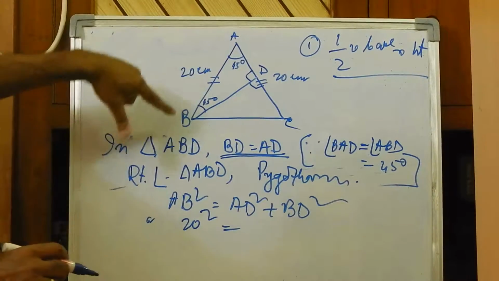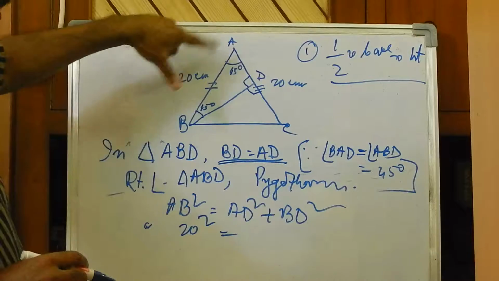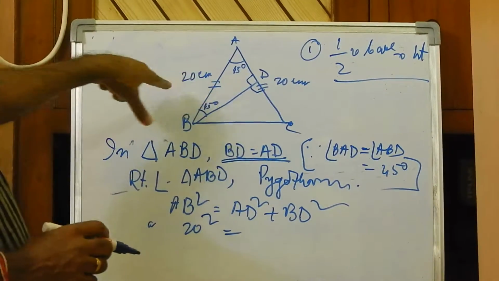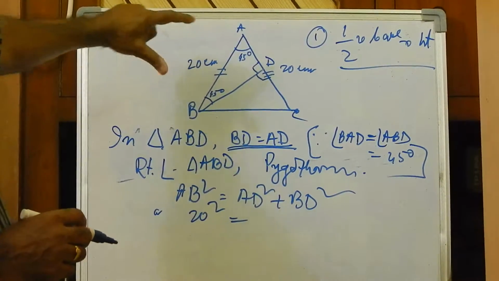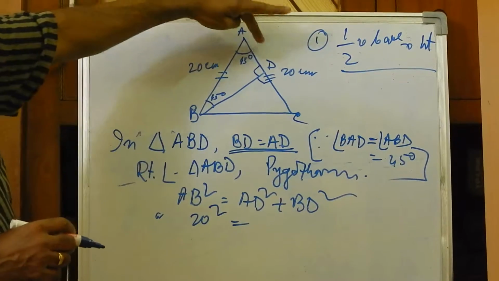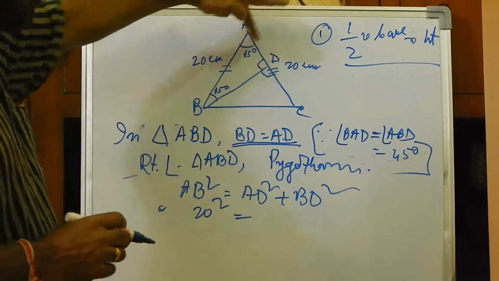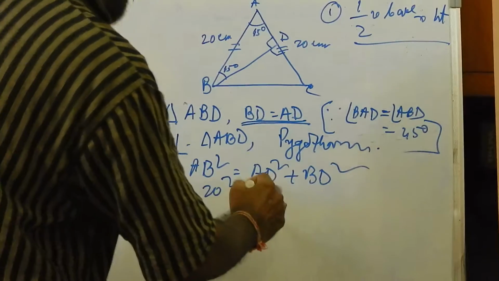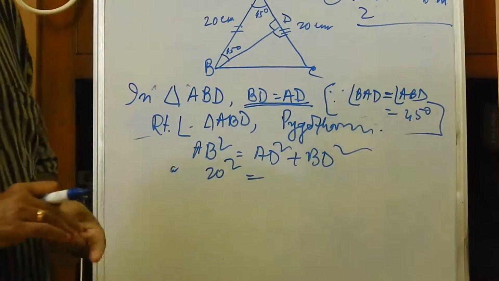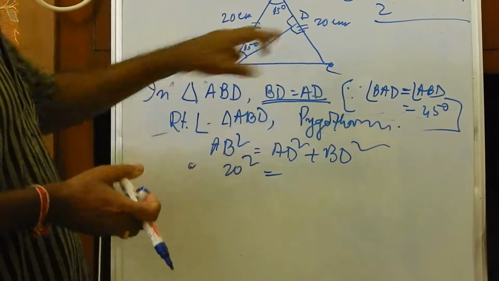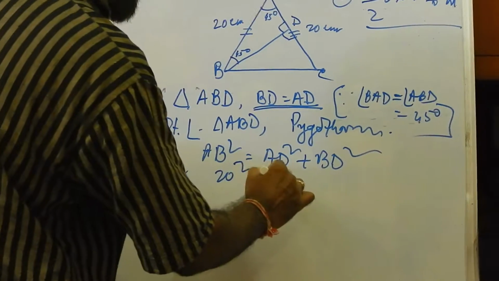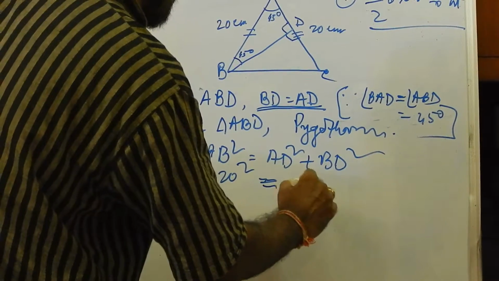At the very beginning we found that angle ABD equals 45 degree and angle BAD was already given as 45 degree. That is, it was an isosceles triangle, and in the isosceles triangle the sides AD equal BD. What we need to find out is the length of BD. So we would easily replace AD by BD.